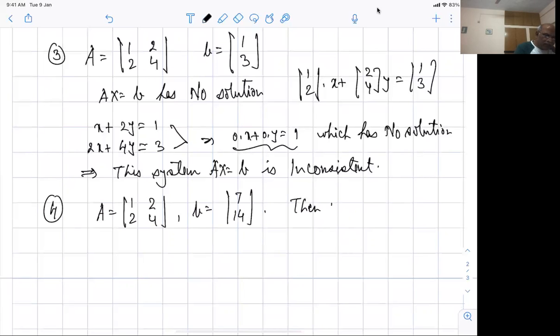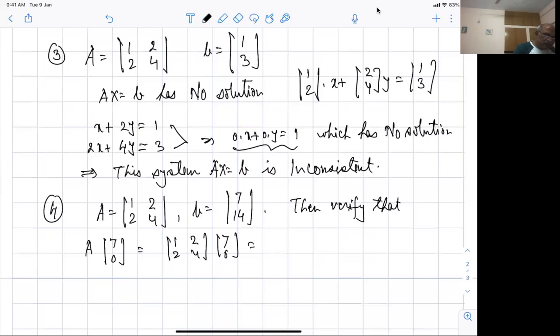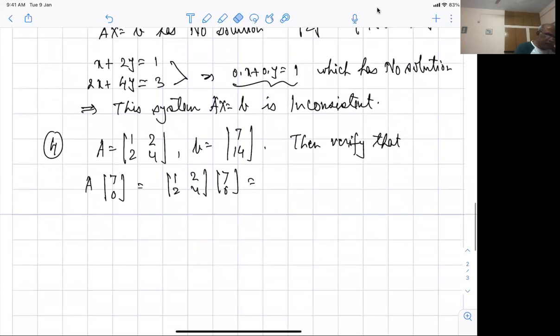Then verify that A times (7, 0) is nothing but 7 times (1, 2), which is (7, 14), which is B. All right.